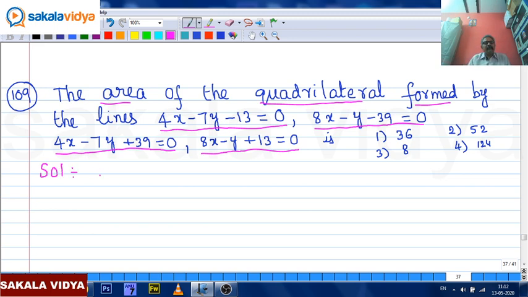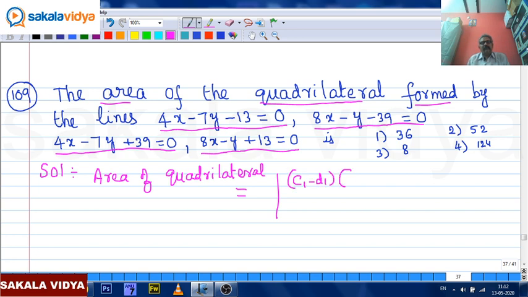So, area of quadrilateral equals mod of C1 minus D1, that means first two parallel lines, into second parallel lines C2 minus D2, by A1 B2 minus A2 B1.